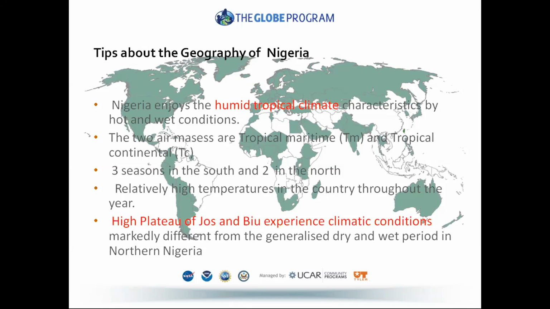And that gives rise to marked different dry and wet seasons when you compare to states like Gombe State. Plateau State has a unique, fascinating climate that makes it different from other cities or states within the northern part of the country.